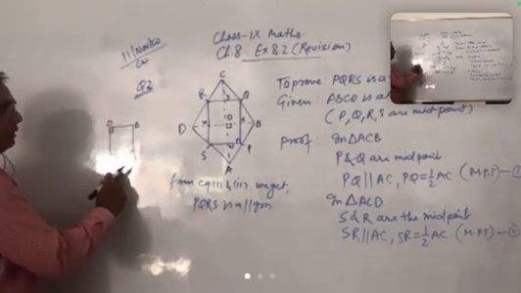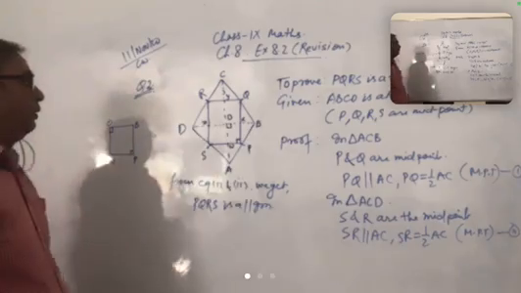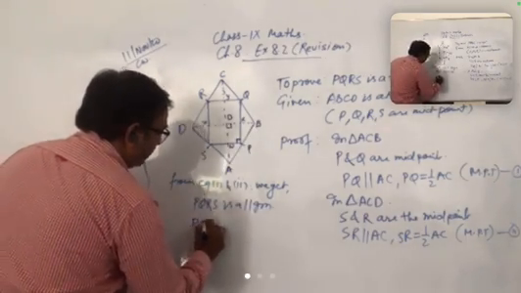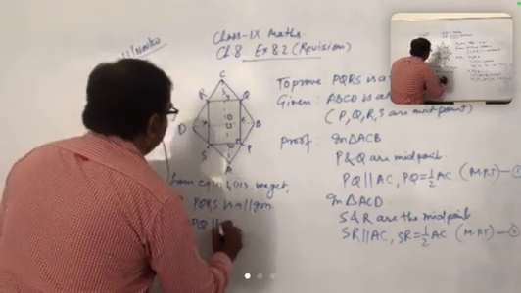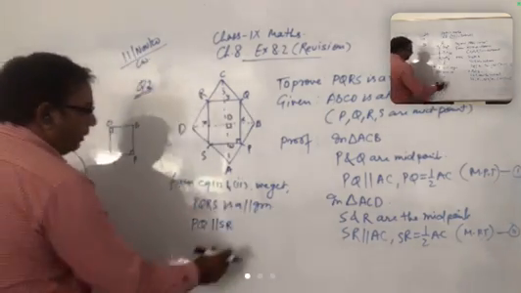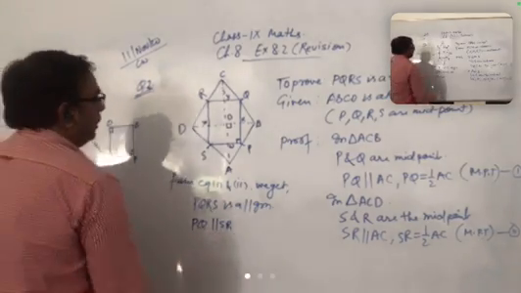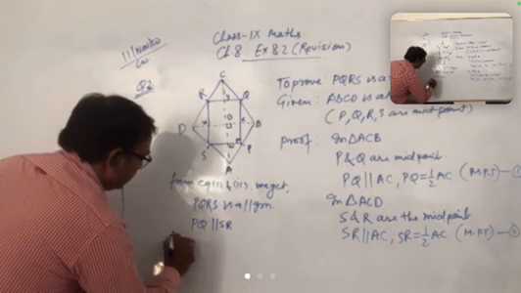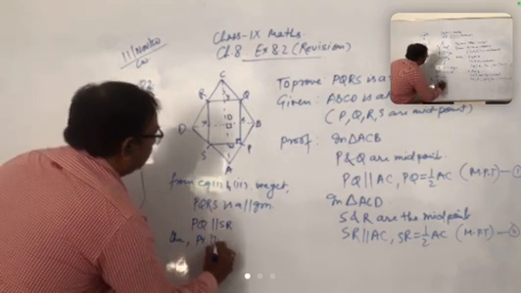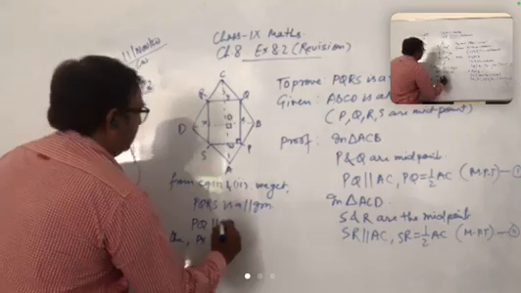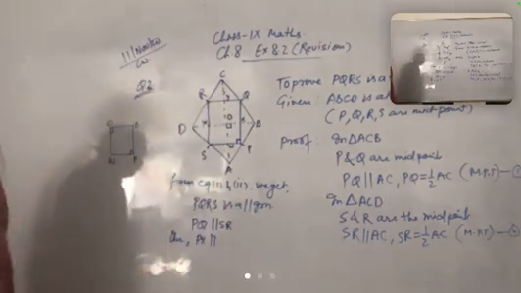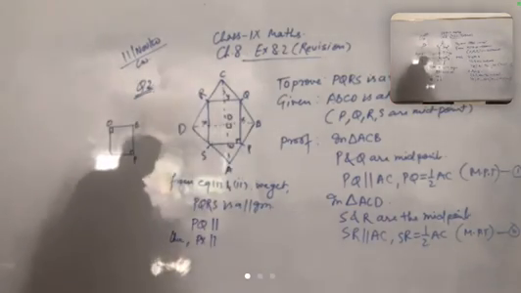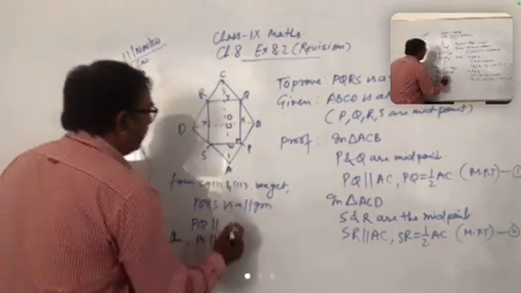Now we have to prove this is a parallelogram. Now how do we prove this parallelogram? See, we know that PQ is parallel to SR. PQ is parallel to SR. So it means this portion is also, PX is also parallel to... no, we do not write it like this. We write PQ is parallel to AC.